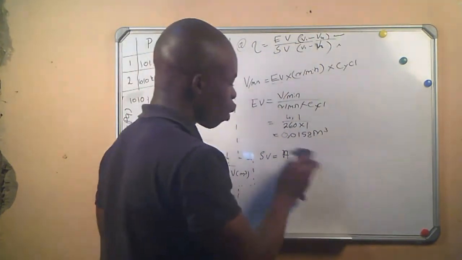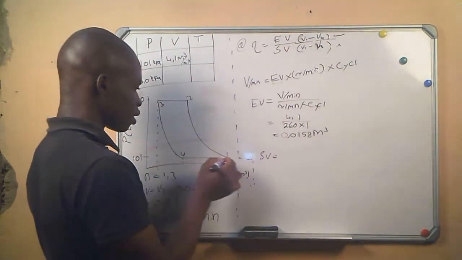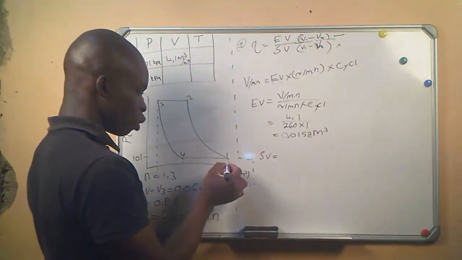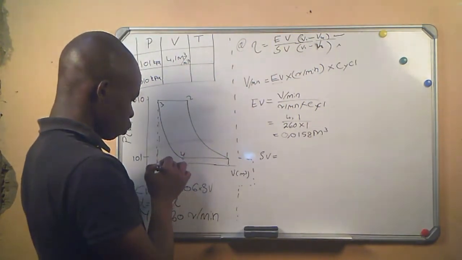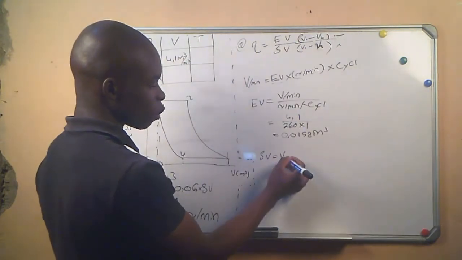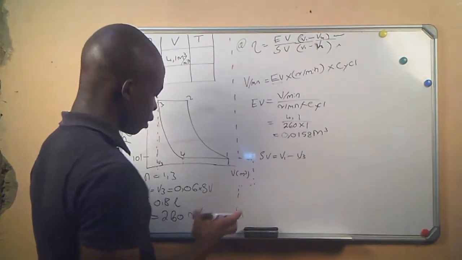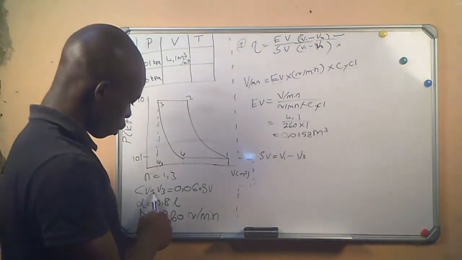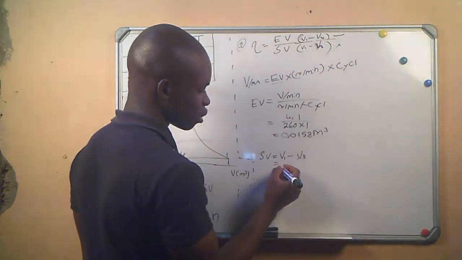So we must go to the graph, since we know that the swept volume is from here to here, which is V1 minus V3. Since we know the value of V3, we can go to the equation and substitute.